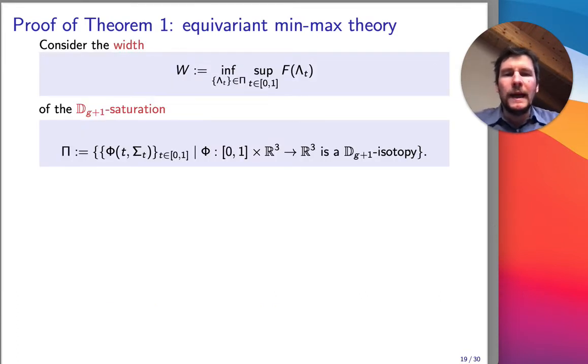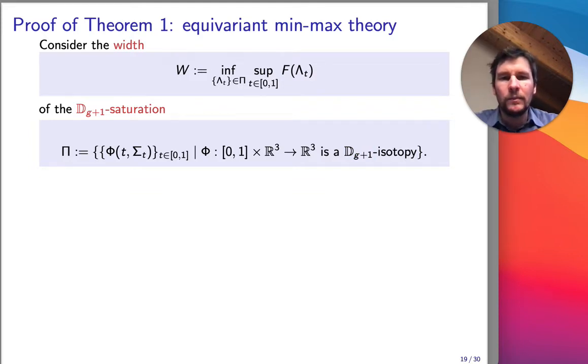Okay, good. Now we saturate. So saturating means we don't just look at this model sweep out, but we look at the whole family of sweep outs. So we have this sweep out sigma_t, and we evolve or change this with some isotopy, and the isotopy should be D_{g+1} equivariant, so it preserves the symmetry.